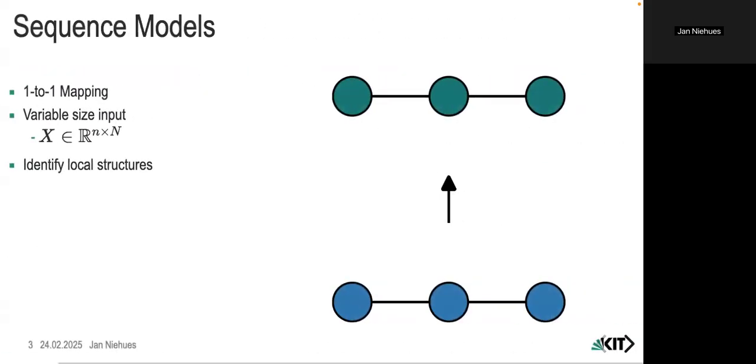So in general sequence models, we have this one-to-one mapping. What we have is input variables X, where on the one end we have the hidden input size N, and then big N is the number of elements in there. And we have what we call this one-to-one mapping from the beginning, where we map the input to the output.